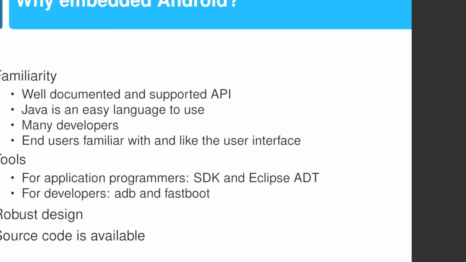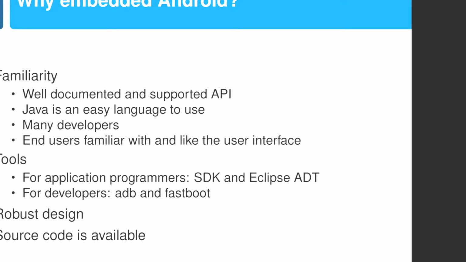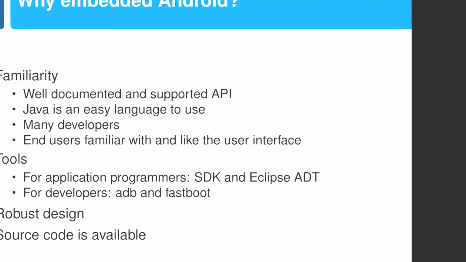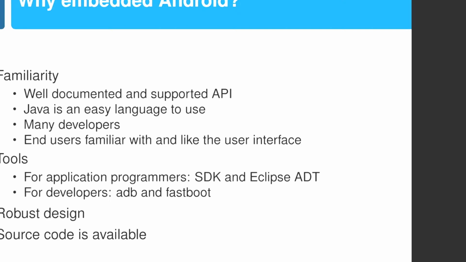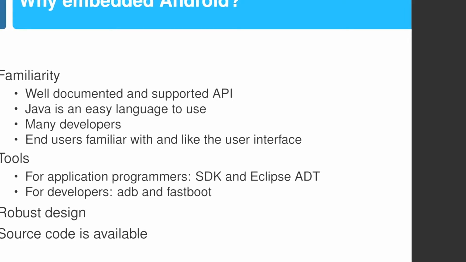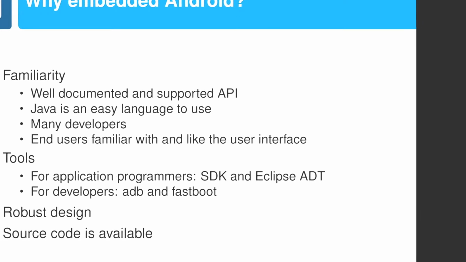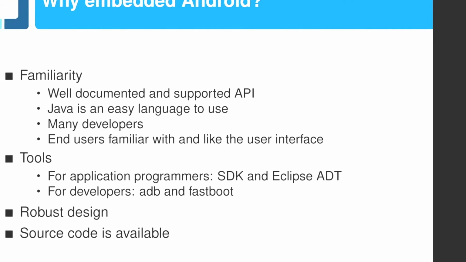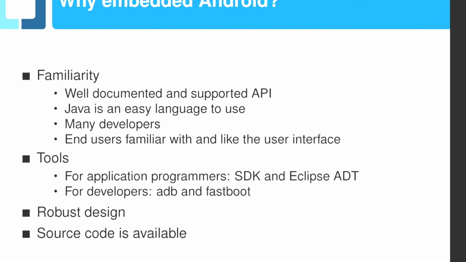And then from the developer's point of view, we have not only the well-known SDK and Eclipse tools, which again are available from online websites, but also the lower level stuff, which is what we're really talking about here in this training session. We have tools like ADB and Fastboot, which make developing and updating devices very easy. Add to that the fact that the Android operating system is very robust, it's well designed, and finally it is open source, which is crucial. We wouldn't be able to do this stuff if it wasn't.